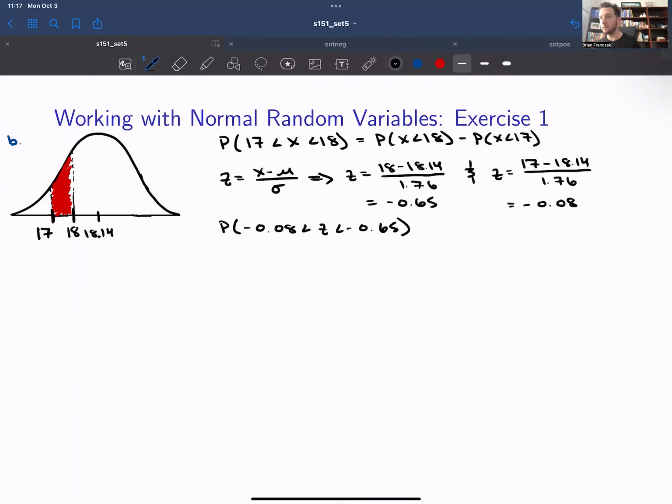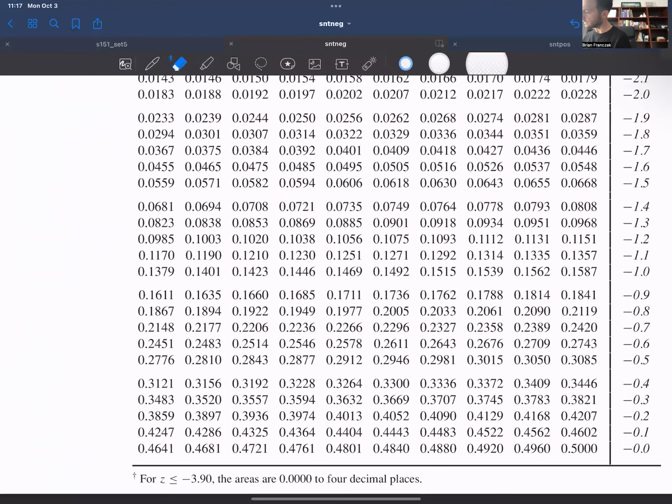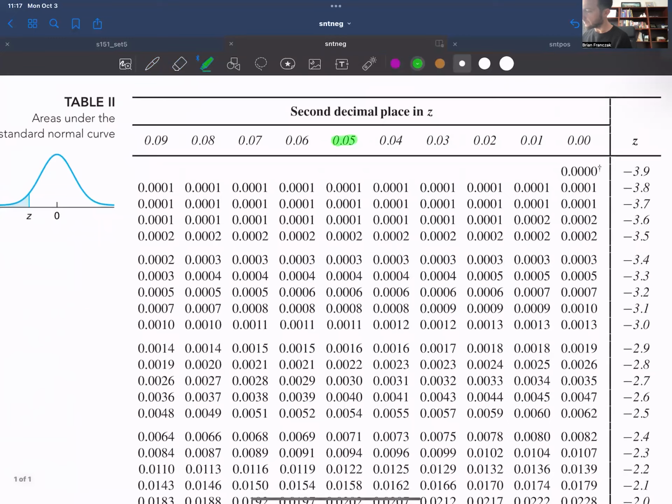Now we've converted this into a z-score problem. So this thing becomes the probability z is less than negative 0.65 minus the probability that z is less than negative 0.08. If we go to our standard normal table now, we're working with two negative values. So we have negative 0.65. Here's negative 0.6, here's 5.